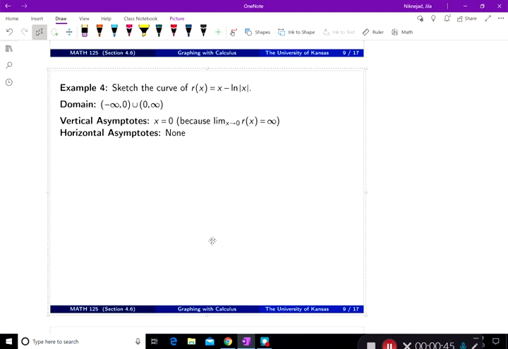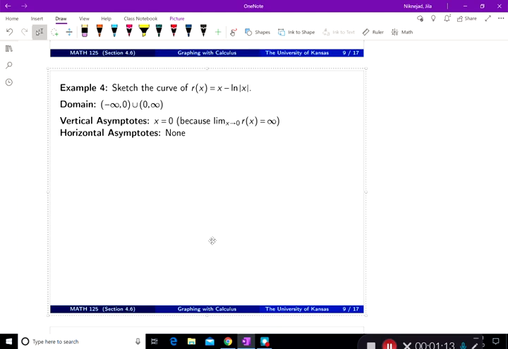Part of it is because x is much stronger than ln of absolute value of x as the growth toward infinity goes. This is something that we cover in 4.5. So let's take it for granted at this point that x minus natural log of x is going to infinity on both sides.